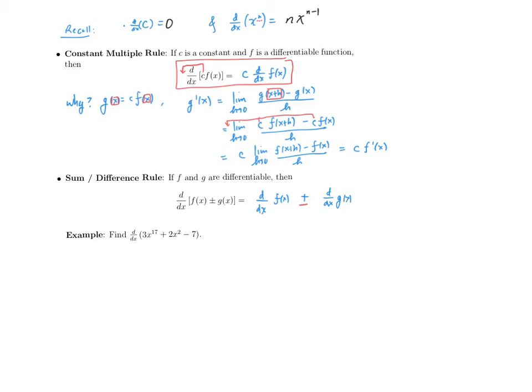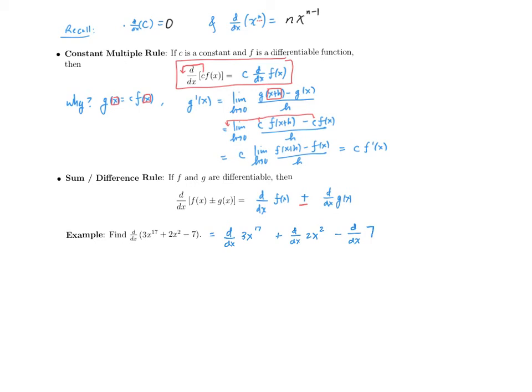With all of this in place, we can now differentiate any polynomial function by applying a combination of these 4 formulas. Just an arbitrary example: if we would like to differentiate this, the sum difference rule tells us we can break it up into 3 separate derivatives. We could write this as the derivative of 3x to the 17th plus the derivative of 2x squared minus the derivative of 7.